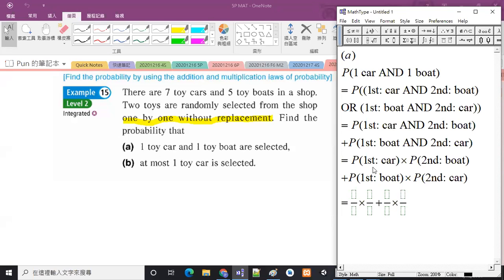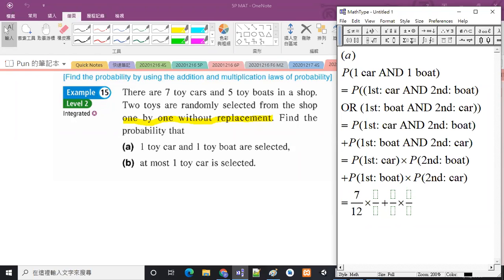What is the first fraction? So it is about selecting a toy car. The first one is a toy car. When we do the first selection, how many options are there? So there will be 7 toy cars and 5 toy boats. Totally, there are 12 options. Among the 12 options, how many of them are cars? There are just 7.